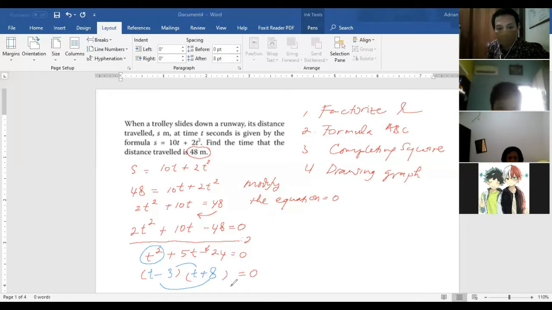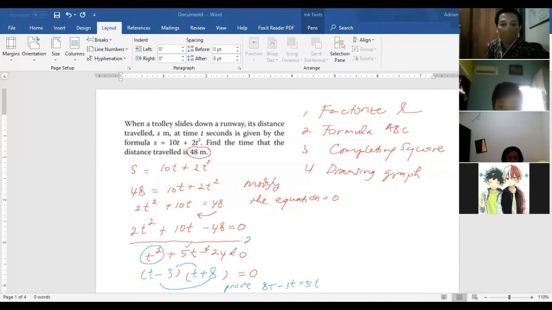You have to prove the factorization. So this one is correct, this 5t. So your factorization is correct.